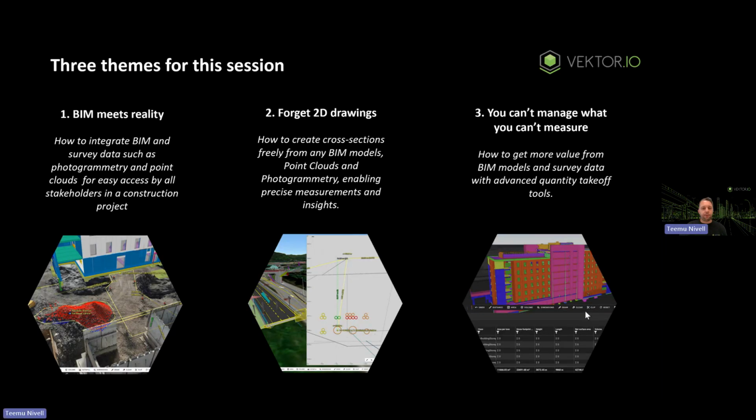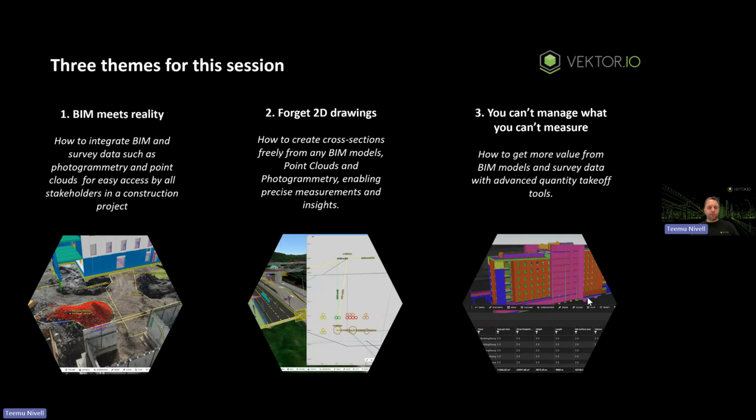Here's what we cover in the next 30-35 minutes. BIM meets reality. First, how we put models and reality captures, point clouds, and photogrammetry into one browser view, so everyone works from the same context. Second, forget 2D drawings.